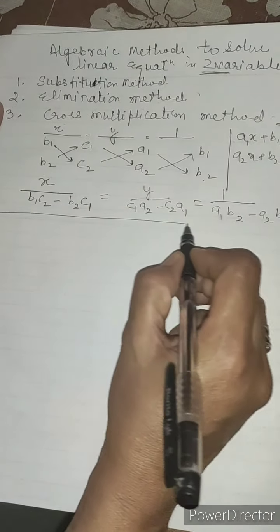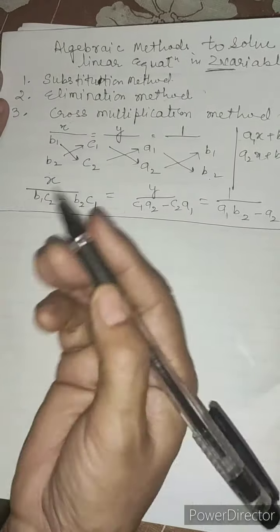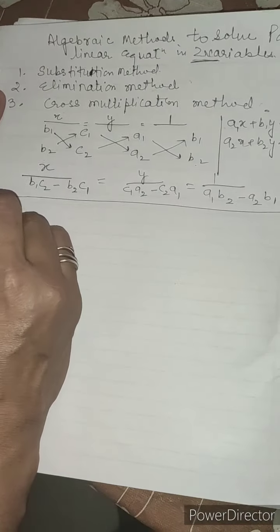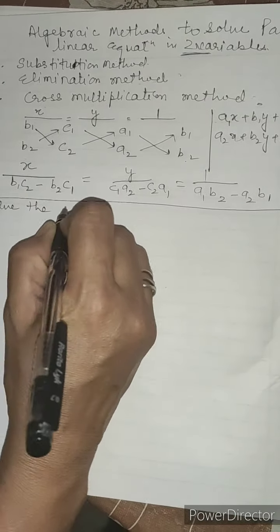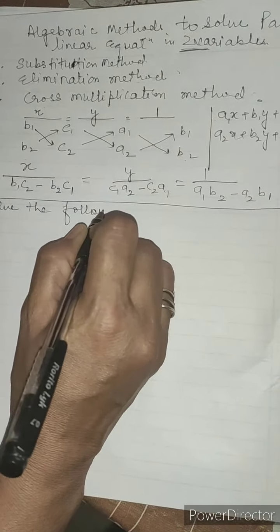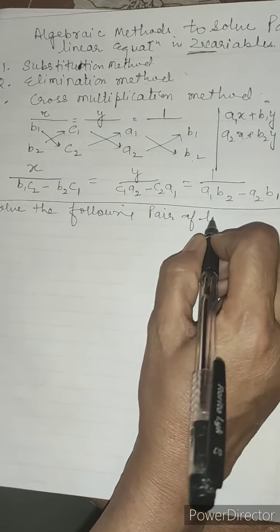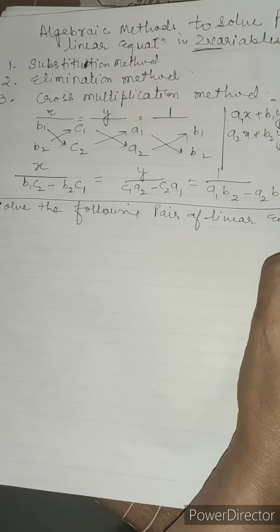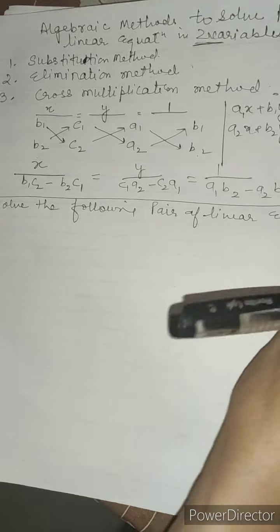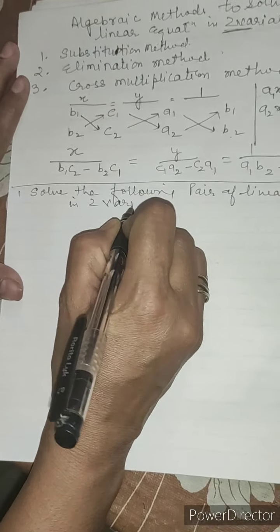Now let me solve one question by all the three methods. My question is, solve the following pair of linear equations in two variables.